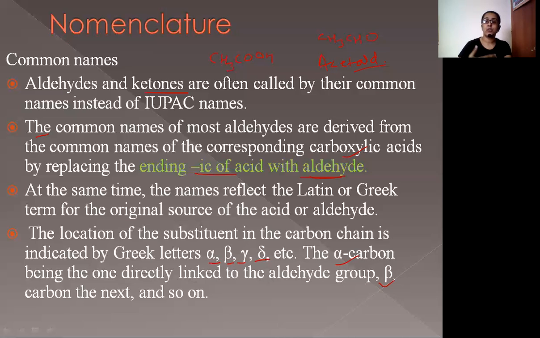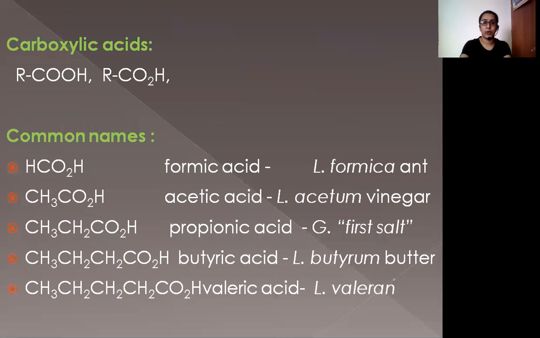So that is on the basis of substituent, if we want to name the compound with respect to common name. Here it is RCOOH, or we can also write it as RCO2H. This 2 indicates there are 2 oxygens.